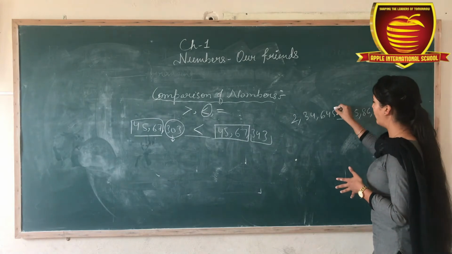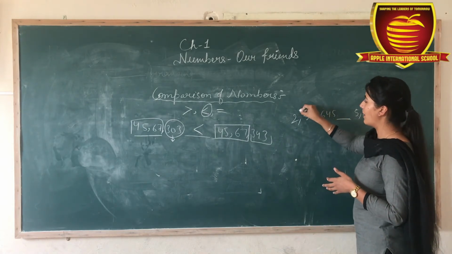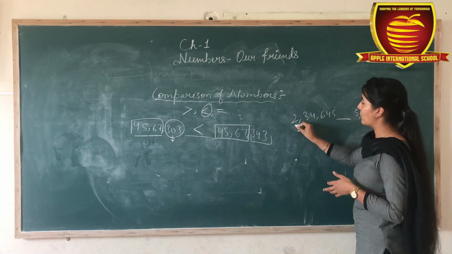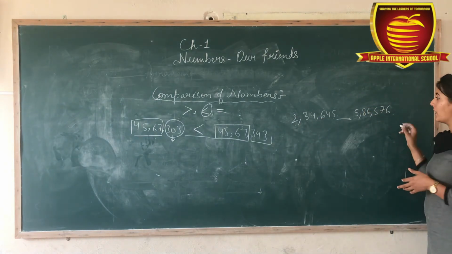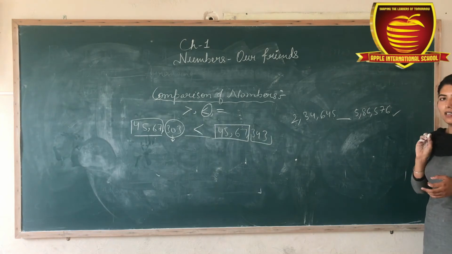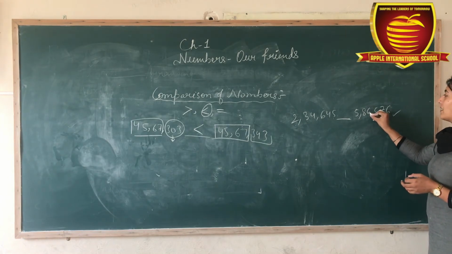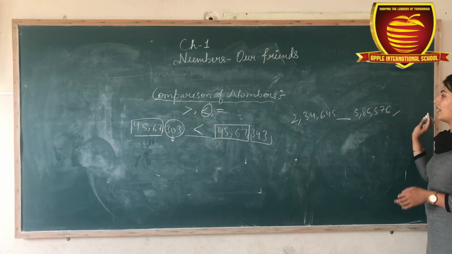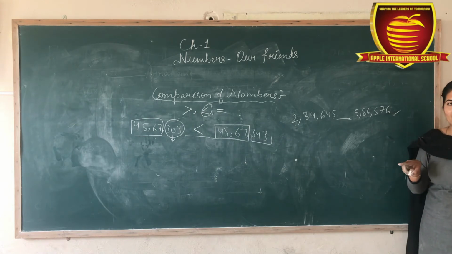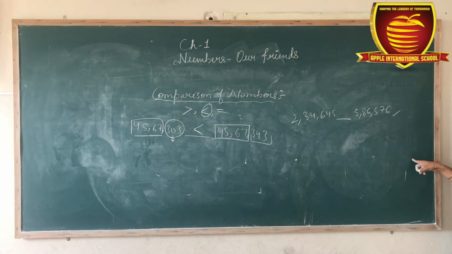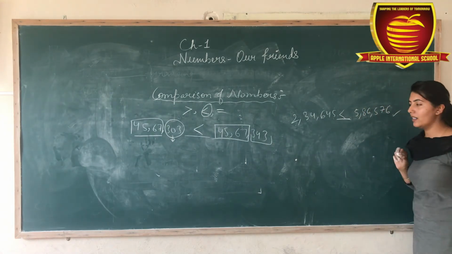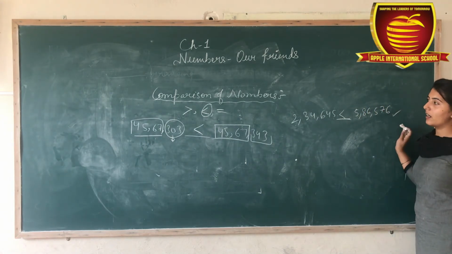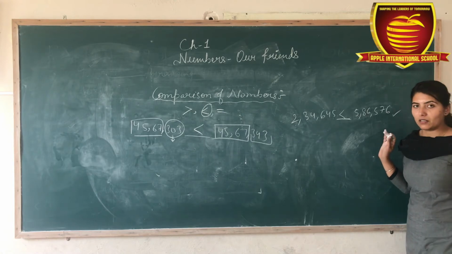For example, 1, 10, 100, 1000, 10,000, lakh. This number is 2,34,645. Now try to read this number: 5,86,576. Which one is greater, 2 lakh or 5 lakh? So 5 lakh. We put the sign here. So this is the comparison of numbers.